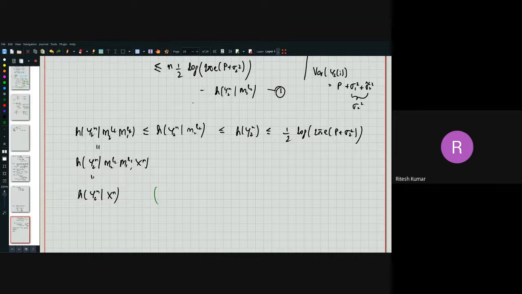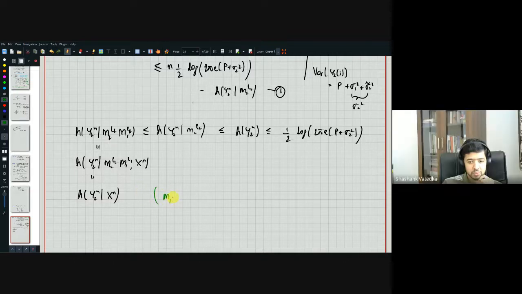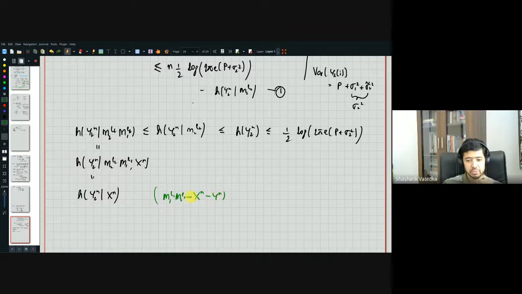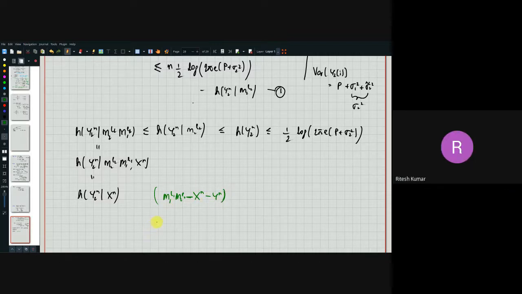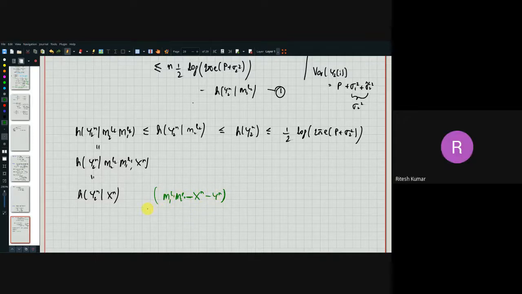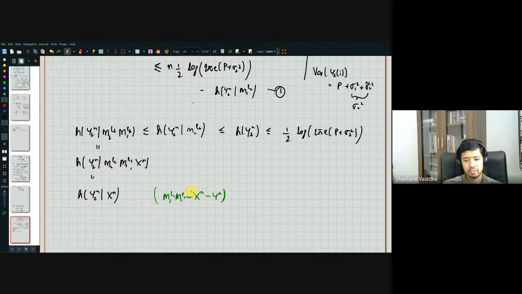What is actually transmitted through the channel is xn, right? So can I say that this forms a Markov chain? Yes, sir. Because conditioned on xn, yn is independent of m1 and m2. Because the corruption by the channel, the way you're getting yn from xn, is independent of what the actual messages are.